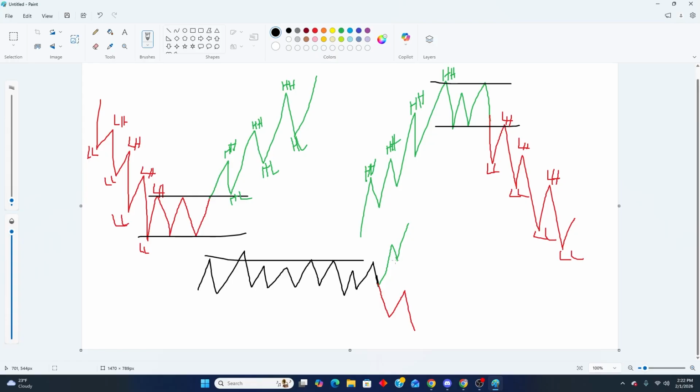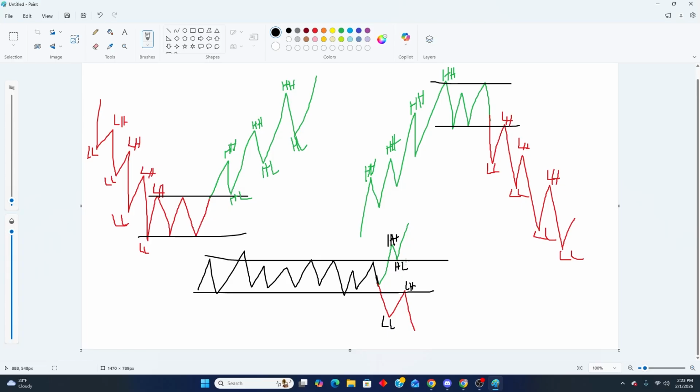Now, when it comes to the trending market, what you got to do is wait for price to break either or, to then begin to make structure, if you get what I'm saying. So there's no higher highs, no higher lows being formed here. And then boom, higher high, higher low, or lower low, lower high.